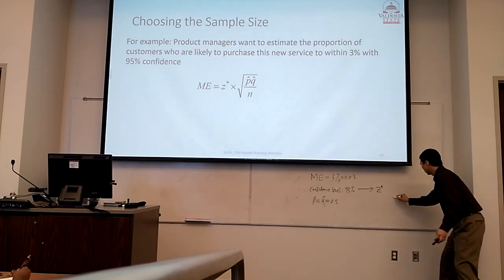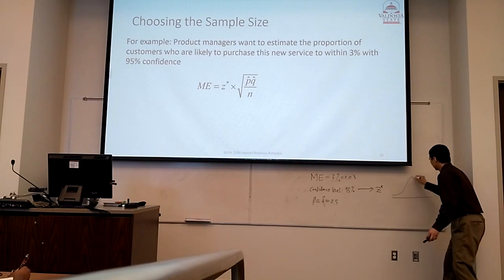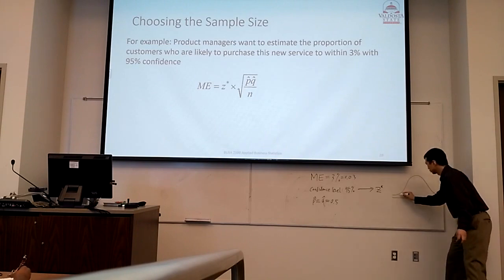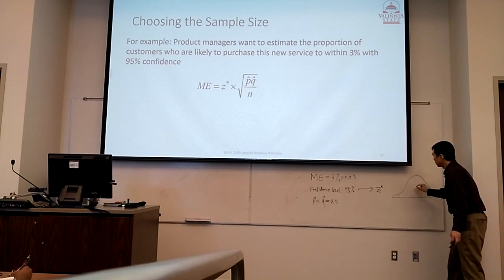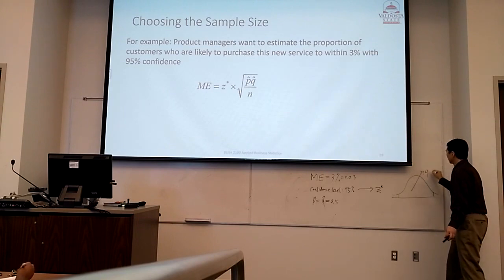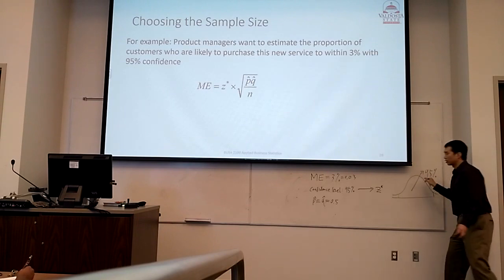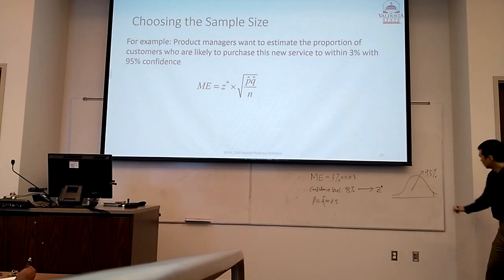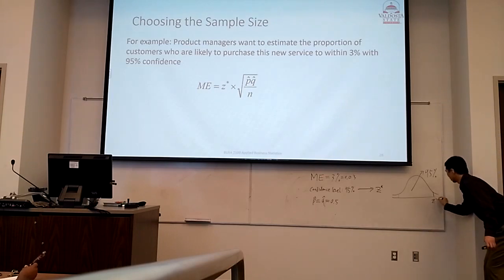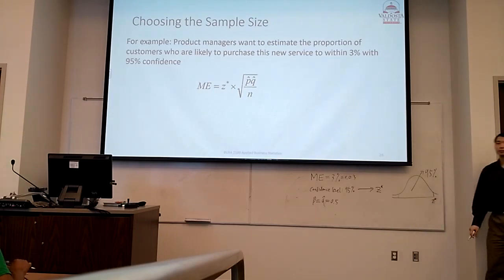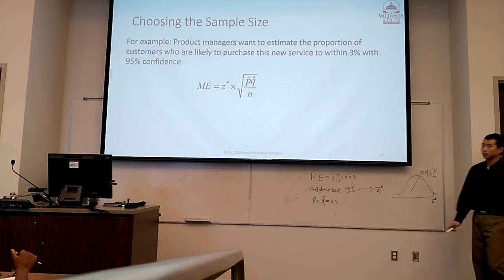If we draw a figure like this, we are talking about a 95% confidence level, and this is our Z star.